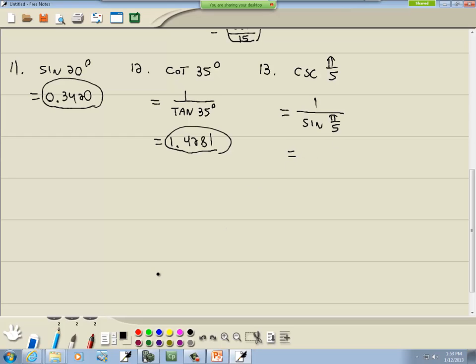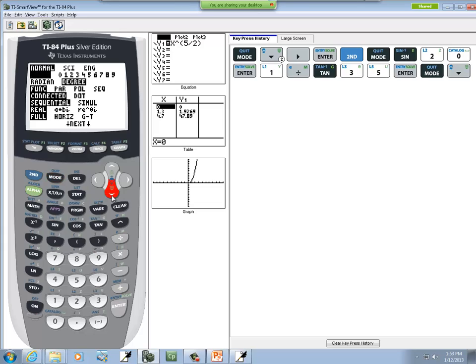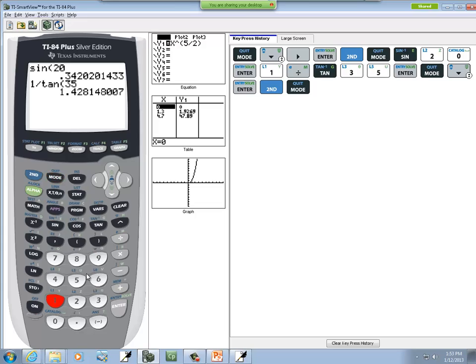Okay. Now to plug this in our calculator, let's go change ourselves to radians. So I'll press mode. I'm going to down arrow to the line that says radians and degrees. My flashing cursor is currently on radians, and I'm going to go ahead and press enter on that. And that'll highlight radians now. So I'll exit out, do a second mode, and I'll do 1 divided by sine.